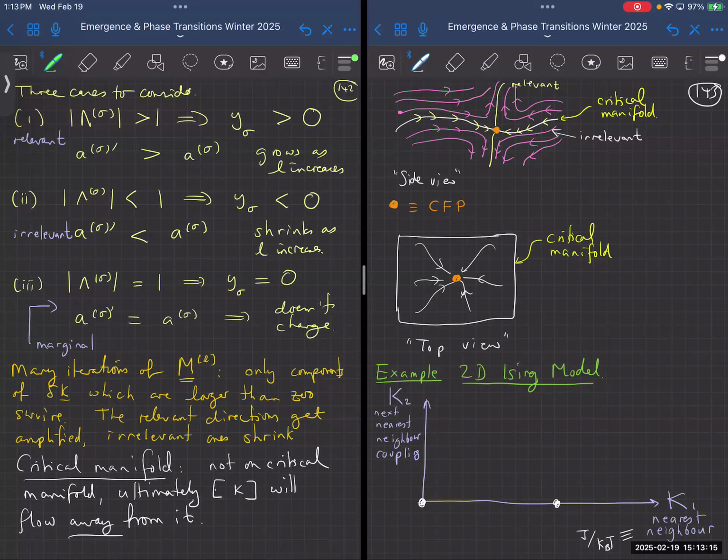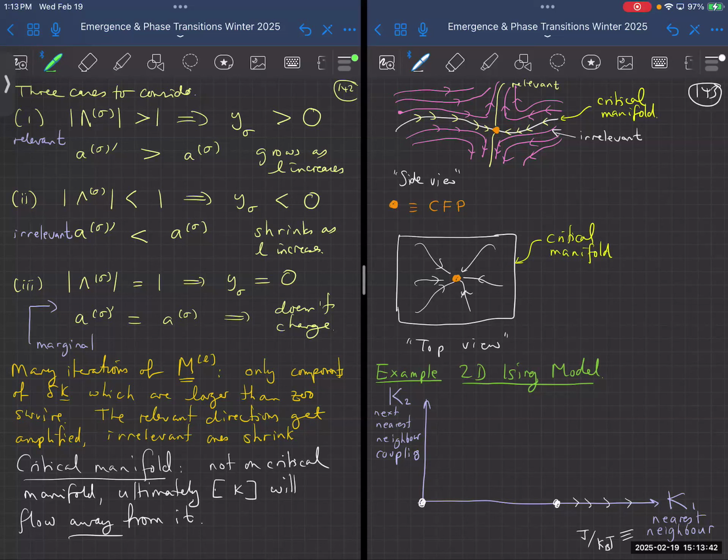All right, so what was I going to do? Oh yeah, if you had the nearest neighbor Ising model, then that's J over kT. You would think that if you have a high K, that means you've got a small temperature, right? So then you would think that you're going to flow something like this.